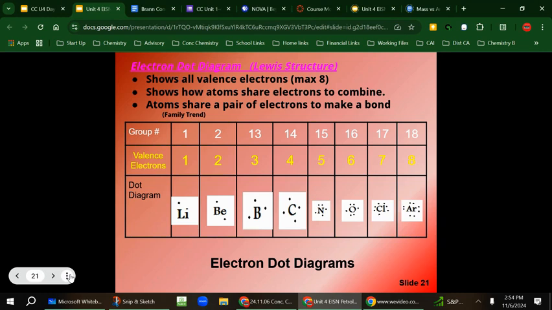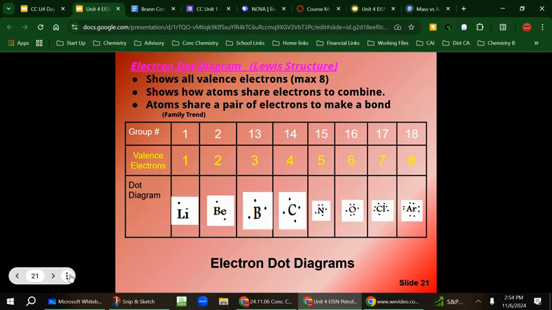How many electrons are in the outermost ring? And if you're not going to gain or lose electrons, you are going to share electrons. And when you share, that is another way that these atoms can share electrons between each other and make compounds.